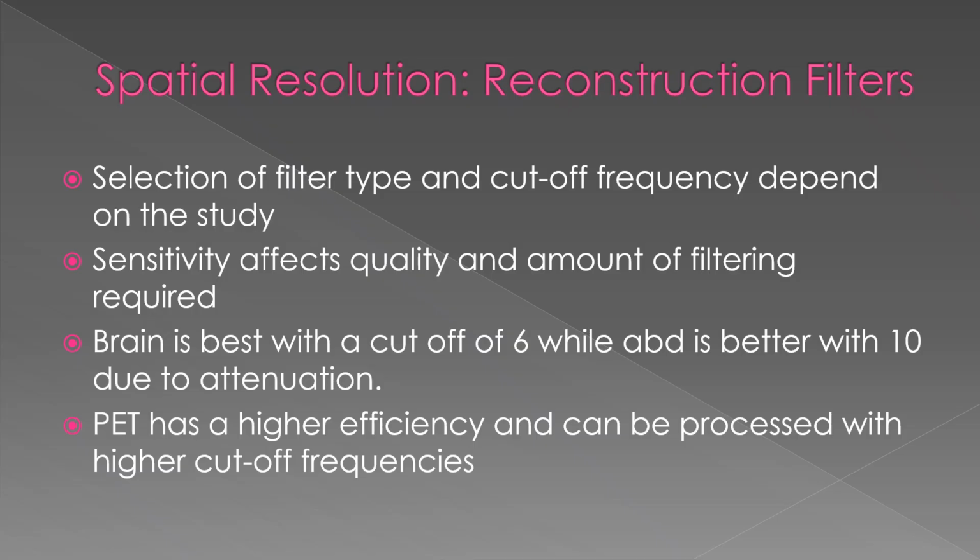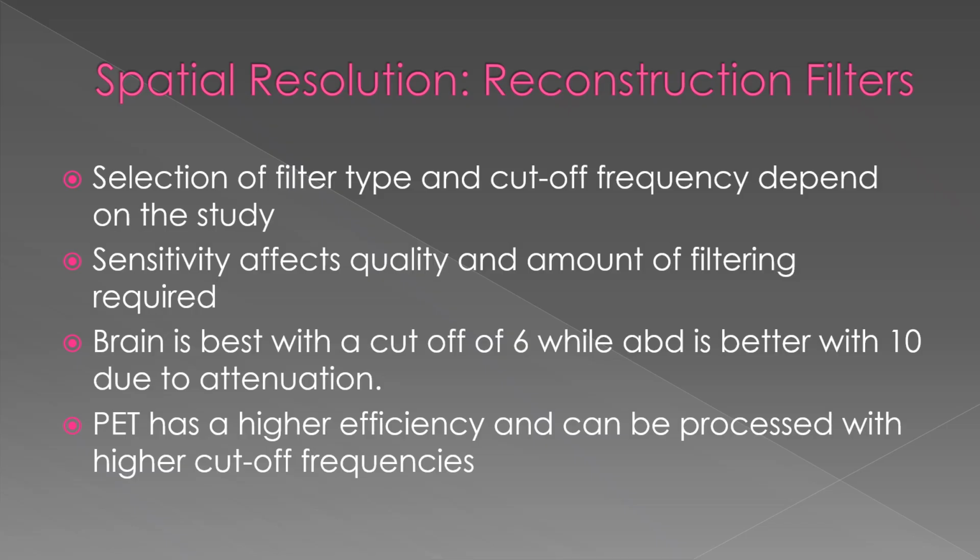So with PET, the selection of the filter type and the cutoff frequency depend on the study. That has a lot to do with considering the effective positron range, the energy of the radionuclide, things like that. Sensitivity affects the quality of the images and the amount of filtering that's required. Brain is best with a cutoff of 6, while the abdomen is better with 10 due to the amount of attenuation.